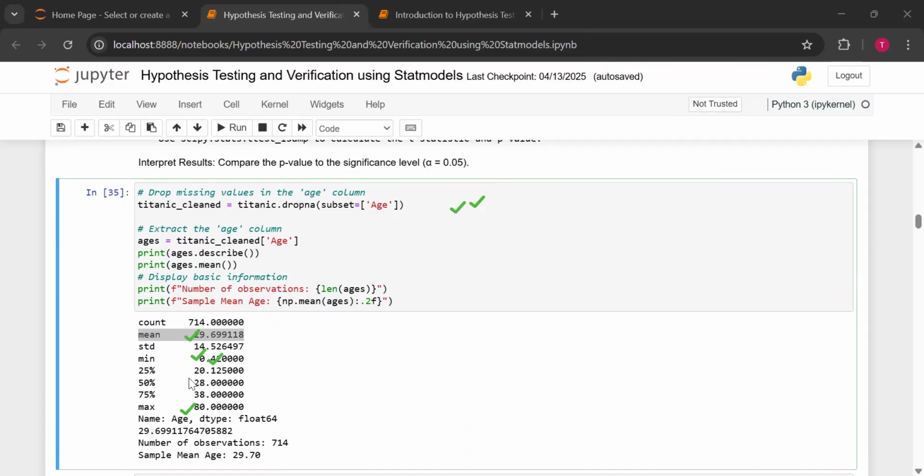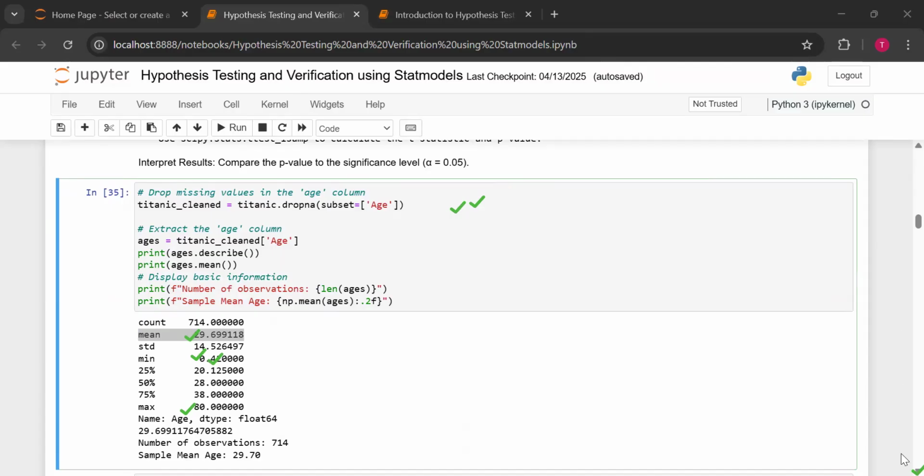We have our first quartile at 20, the second at 29, the third at 34 or 38. Just looking at it, we may have outliers, because if the third quartile ends at 38 and the maximum is 80, then that difference is really high. But we need to verify with data.